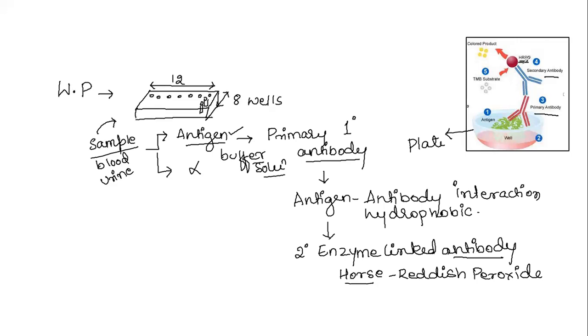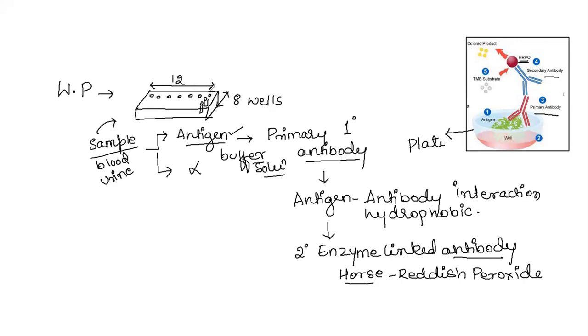Now this enzyme carrying this specific secondary antibody will interact with the primary antibody if there is a specific interaction among them. This secondary antibody is added in order to complete the antigen detection.